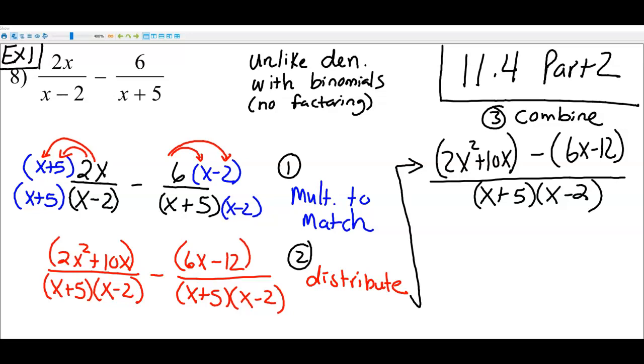Change the signs. Yeah, we want to take that little negative and distribute it into the parentheses. So that's going to give me 2x squared plus 10x minus 6x and plus 12. Both of these signs change.